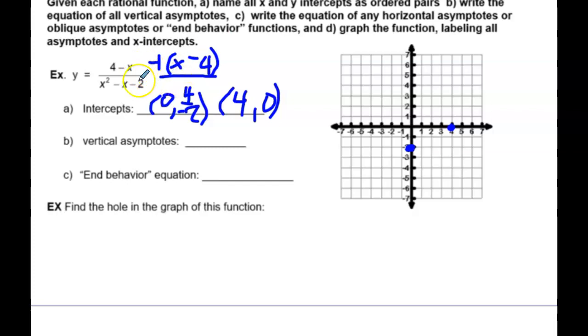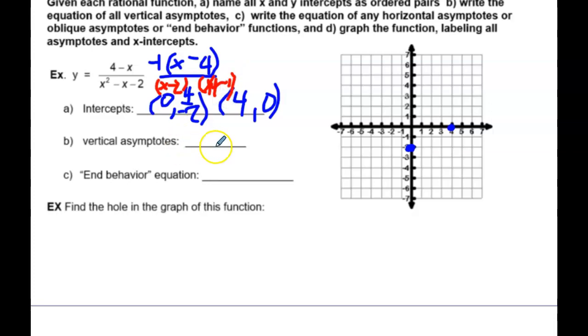I didn't get the bottom factored underneath there. Wouldn't it factor x minus 2, x plus 1, guys? So where are the vertical asymptotes? X plus 1. Clearly that says x plus 1.